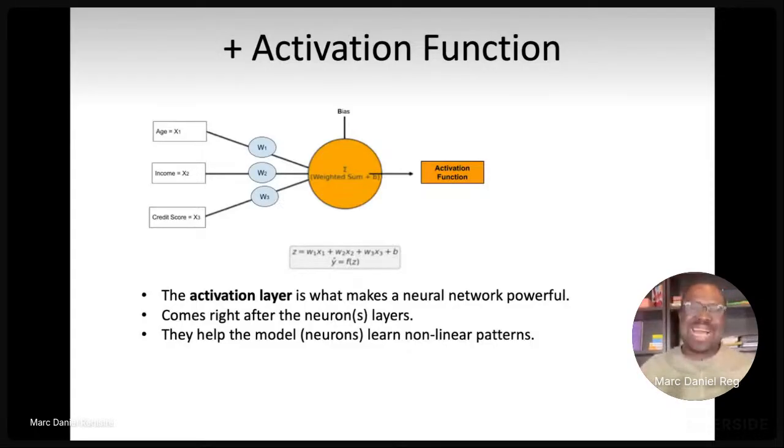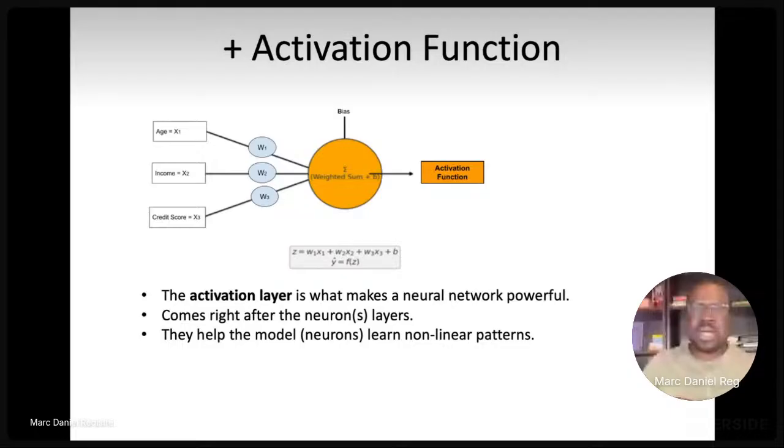However, the activation function is what makes a neural network powerful, because without an activation function, a neural network is linear, meaning it is just a straight line. It's only going to detect linear patterns, but sometimes data is not linear.